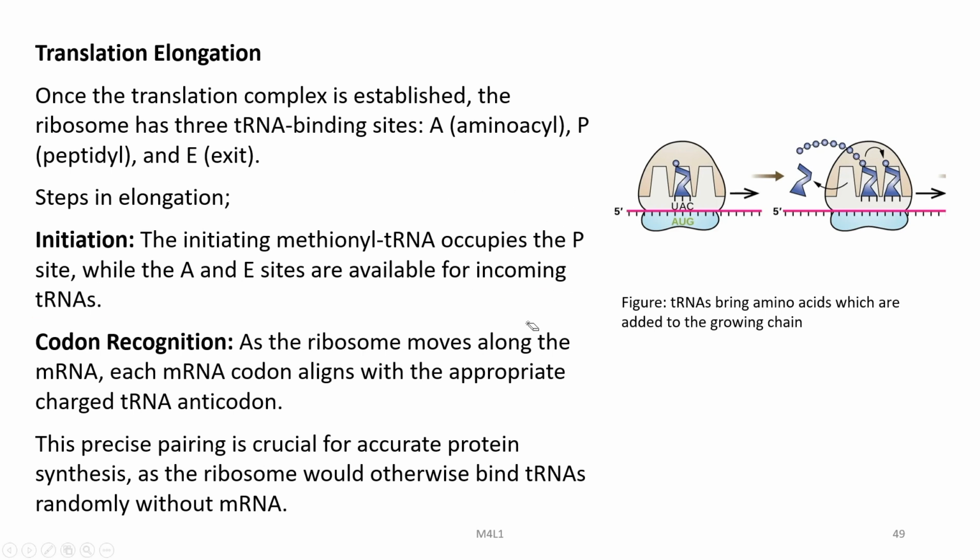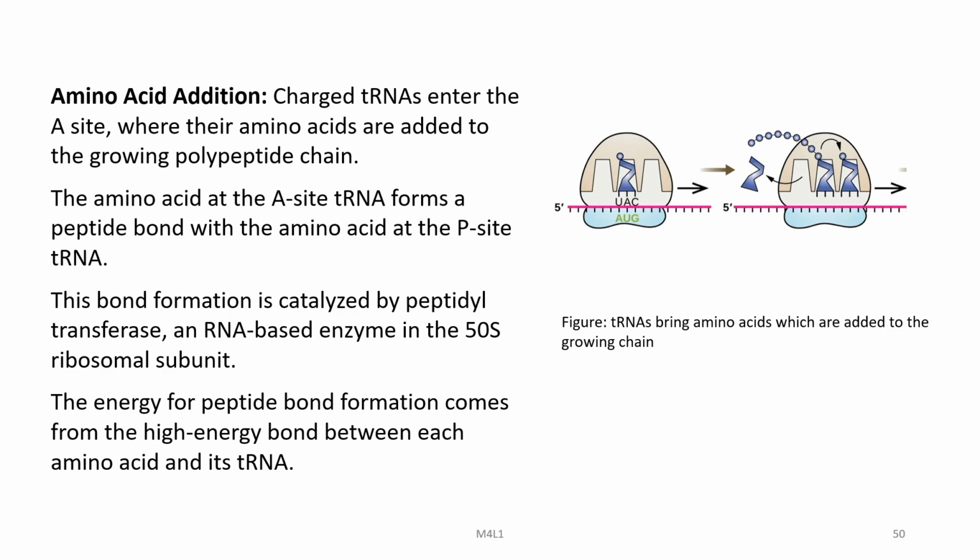Then there is codon recognition and the ribosome moves along the mRNA. Each mRNA codon aligns with the appropriate charged tRNA anticodon. This precise pairing is crucial for accurate protein synthesis, as the ribosome would otherwise bind tRNAs randomly without mRNA.